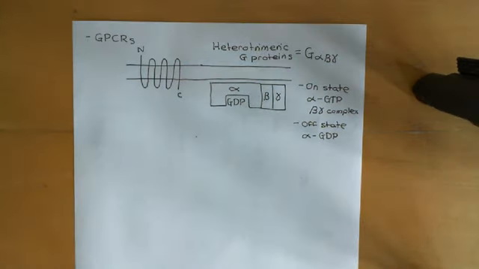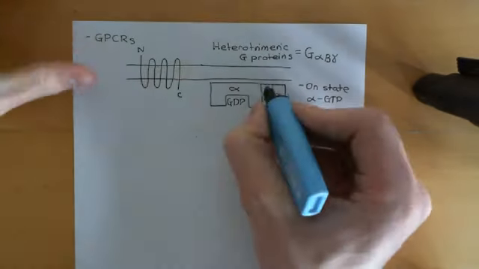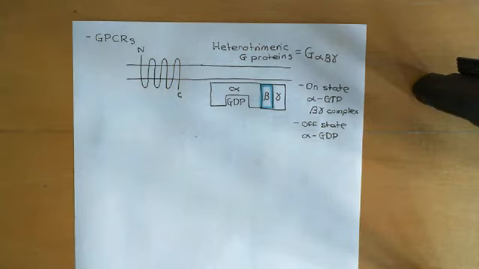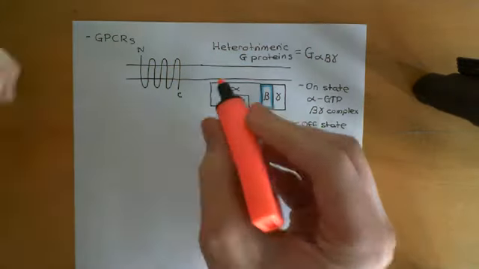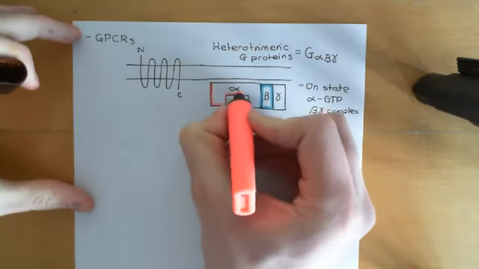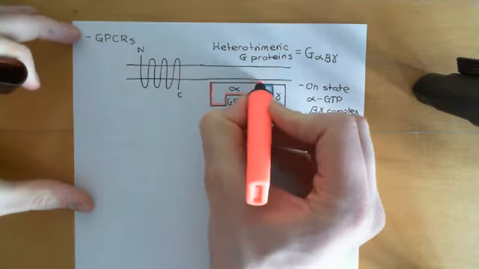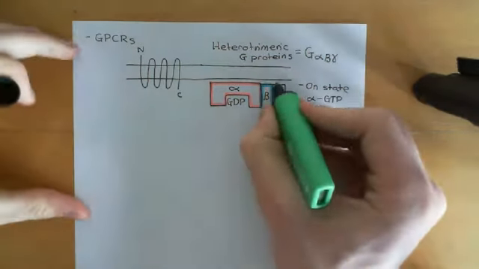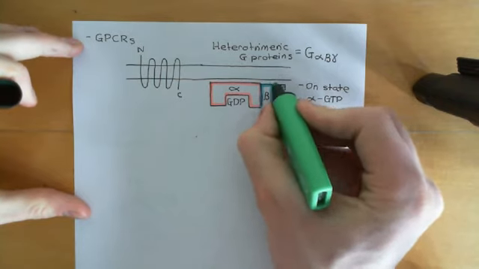And because the beta and gamma subunit under no physiological circumstance ever come apart, they're called the beta gamma complex. So just to colour this in here, let's colour in the alpha subunit in red, the beta subunit in blue, and the gamma subunit here in green. Okay, right.